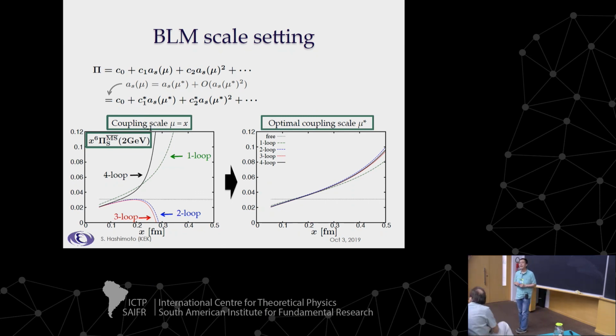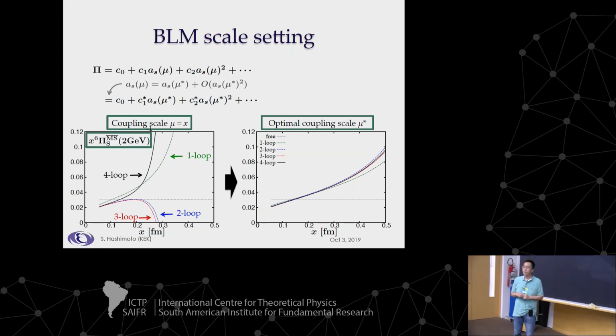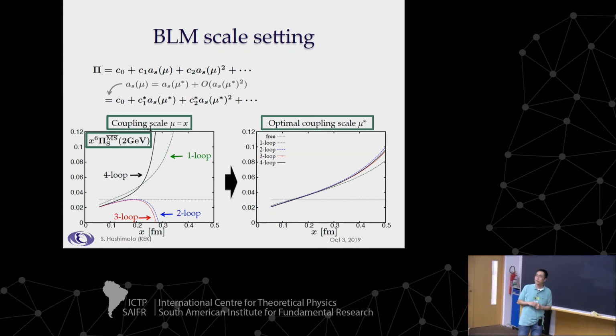Have you tried, I mean, you have this lattice determination of this correlator and perturbation theory to order alpha to the fourth. Have you considered taking your lattice determination minus perturbation theory and seeing what the scaling in x is? What is the power?